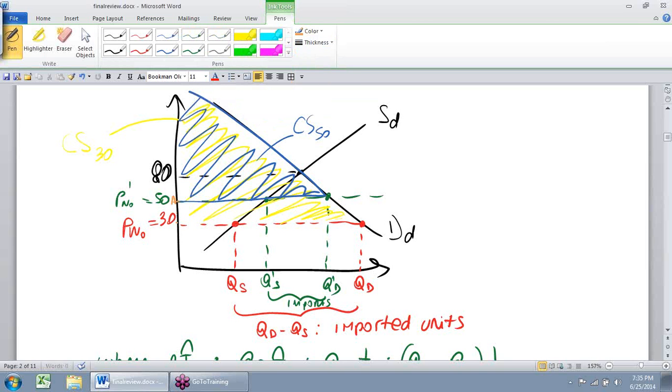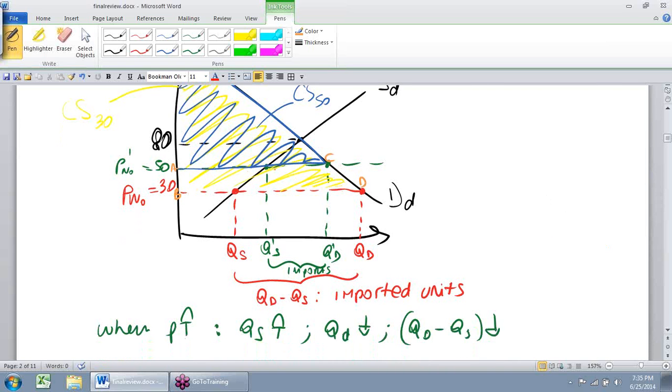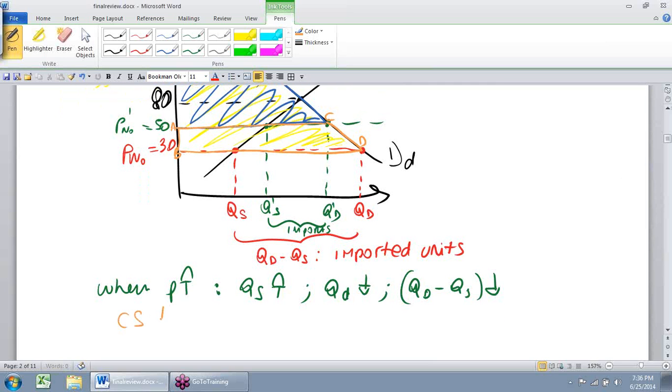Let's call this point A, this point B, C, and D. So basically, consumer surplus is decreasing by the area A, B, C, D. Okay, so the area by which the consumer surplus decreases is this one, okay? So we have CS decreases by area A, B, C, D. Okay?